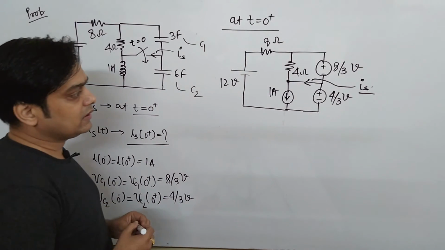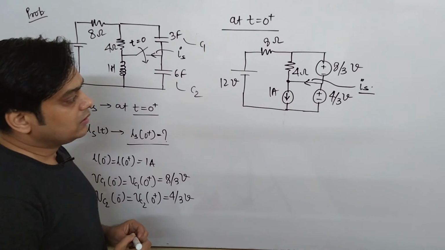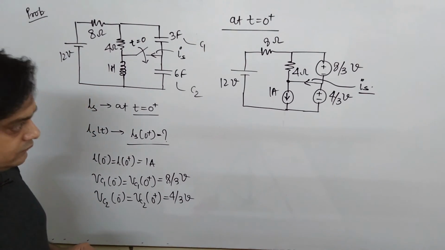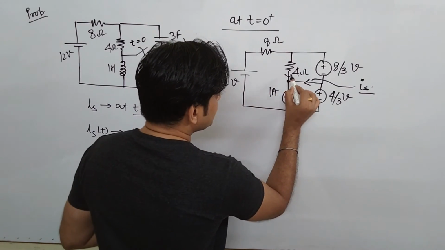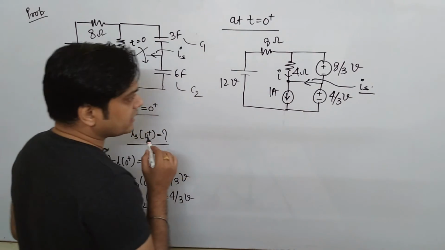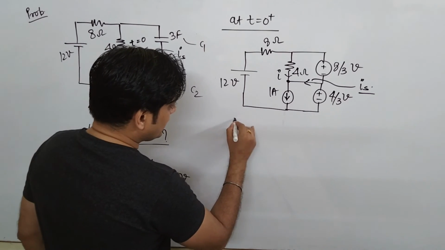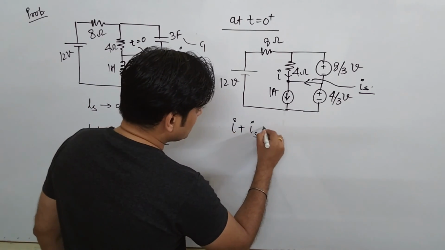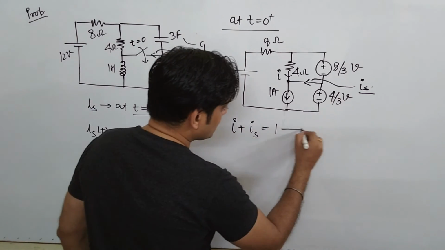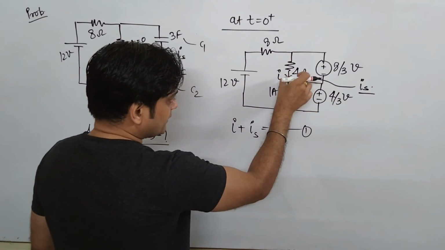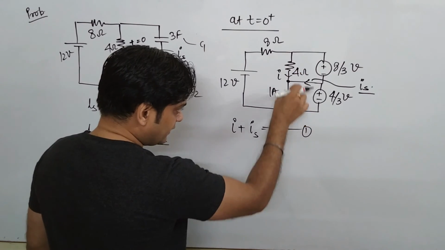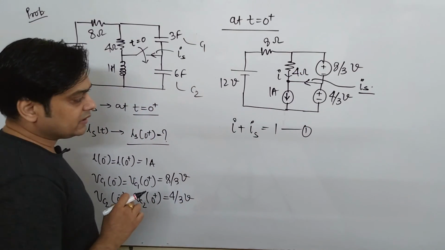Now how do you find the value of Is? This we have to understand. If I consider, let's say, current is flowing here as I, can you say that I plus Is is 1 ampere? This is our first equation. When these two currents are added, the current that flows in this branch is 1 ampere.